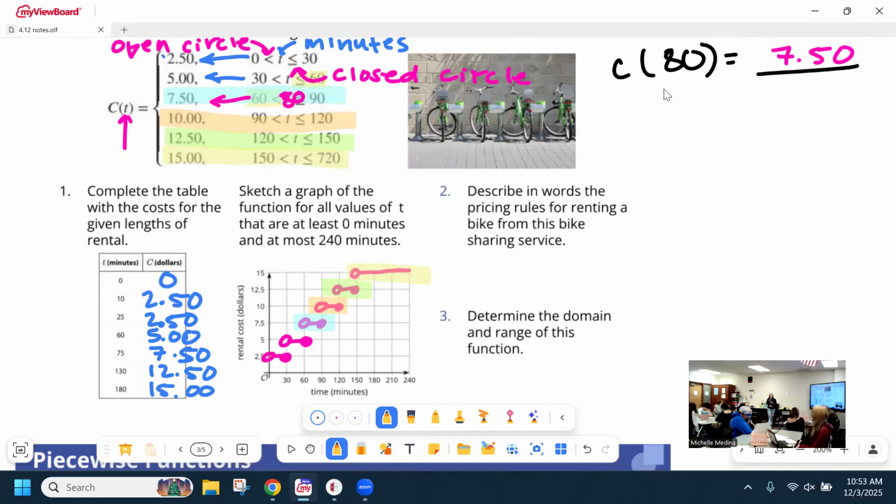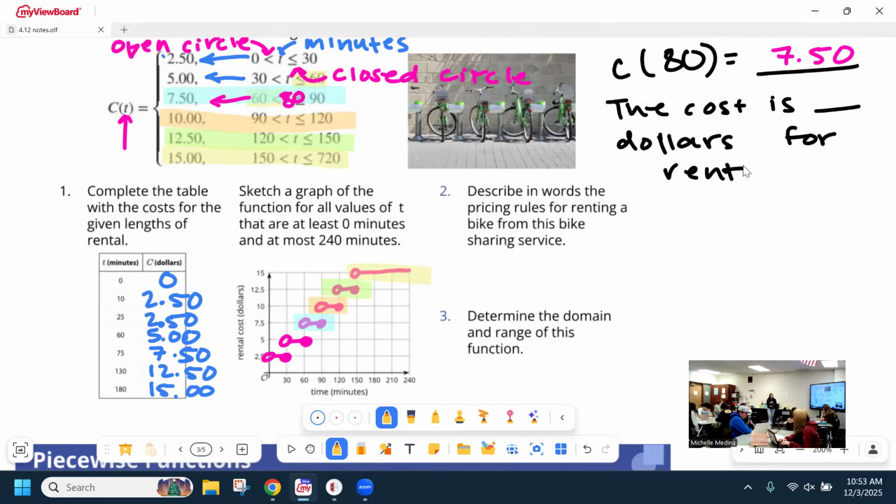But then they also have parts where you fill in the blanks and it says something like this. All right, usually kids get this part wrong, and I don't really understand why.